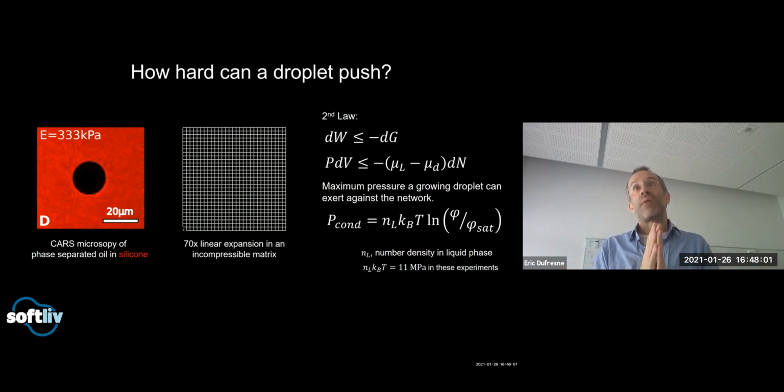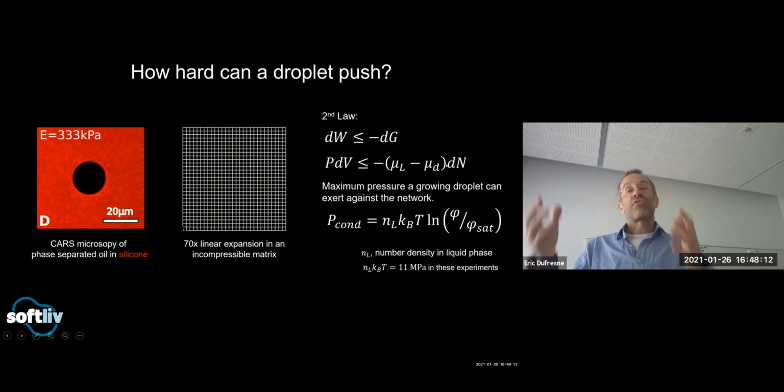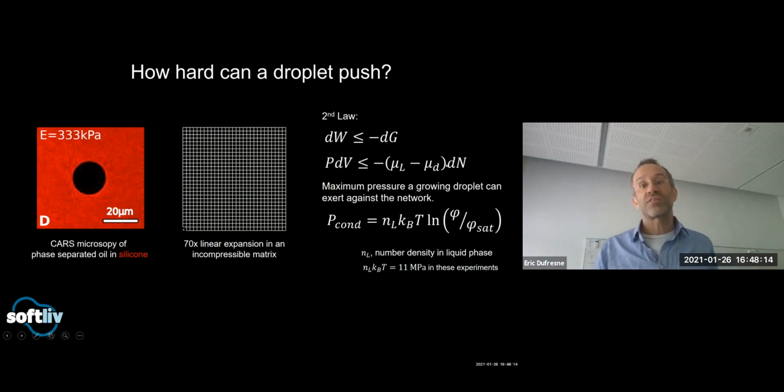Mechanics is hard, but since my droplet is just a liquid, it has a trivial state of stress, right? So it just has a pressure. So the work that the droplet does is PdV. And then the free energy liberated by condensation is just the difference in the chemical potential of a molecule in the droplet phase versus a molecule in the dilute phase outside, okay?